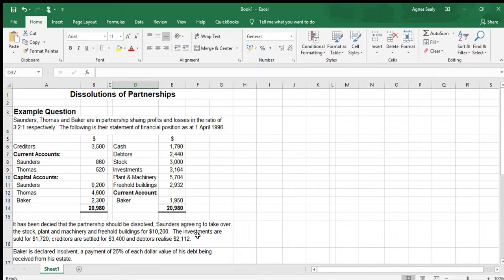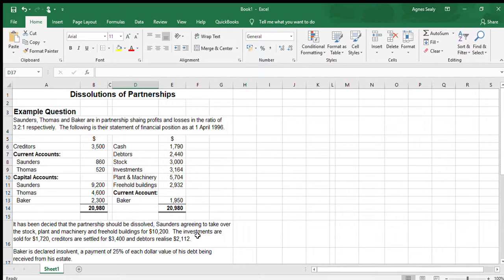Then we have cash of $1,790, debtors of $2,440. We have stock or inventory of $3,000, investments of $3,164, plant and machinery of $5,704, and freehold buildings of $2,932.